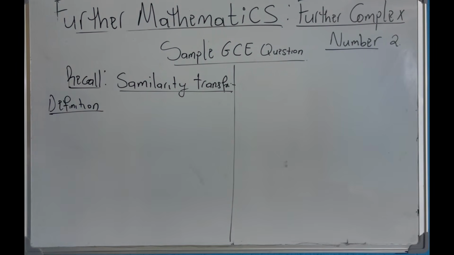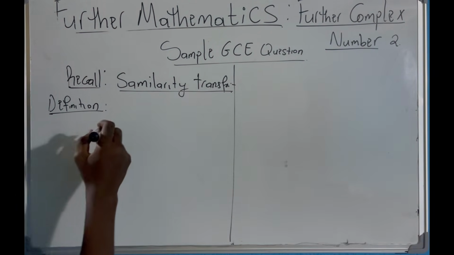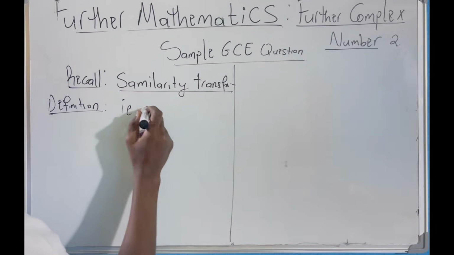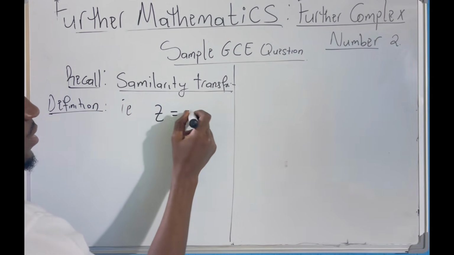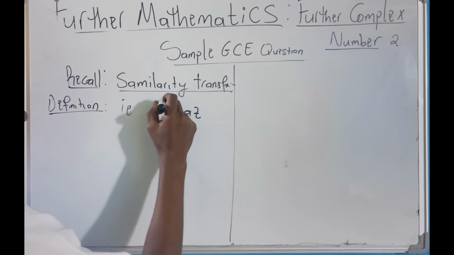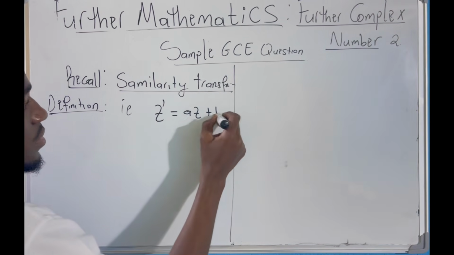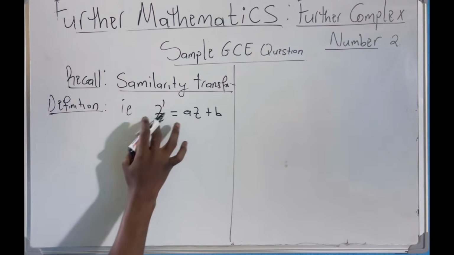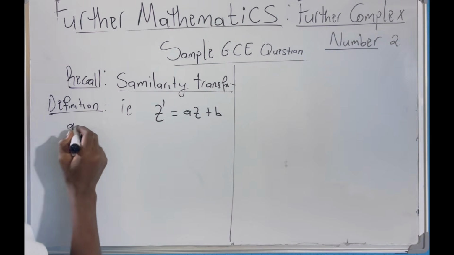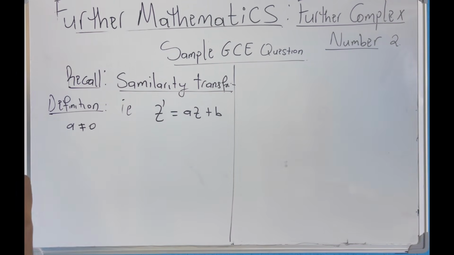Now it means that any complex number written in the form z prime equals az plus b, where a is different from 0, is okay.